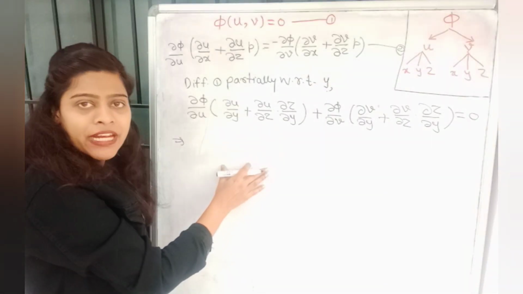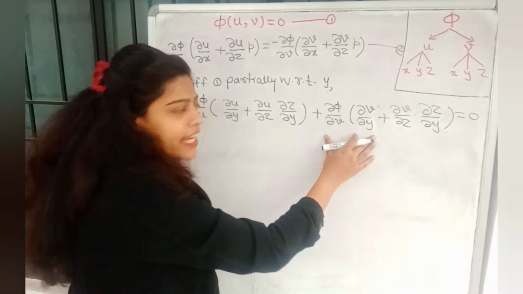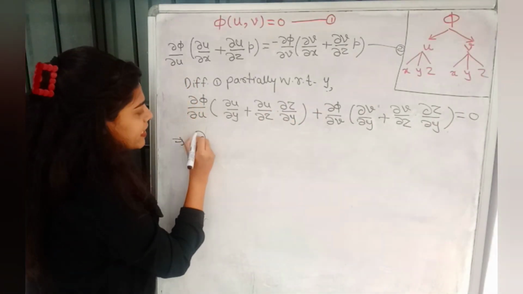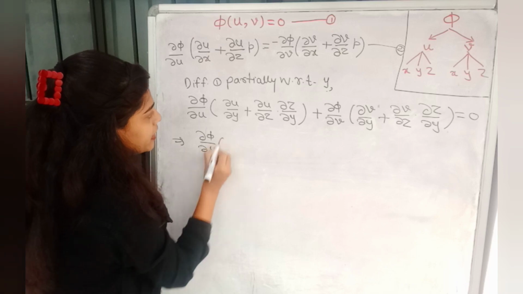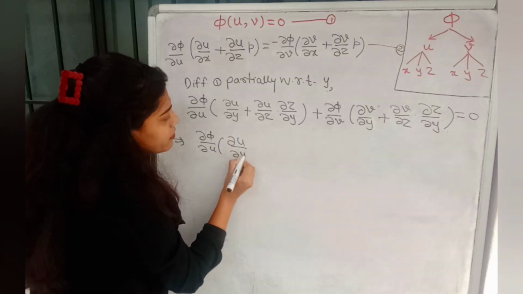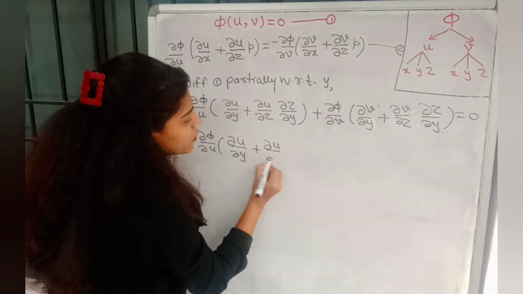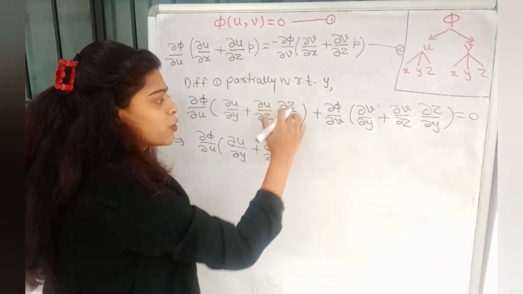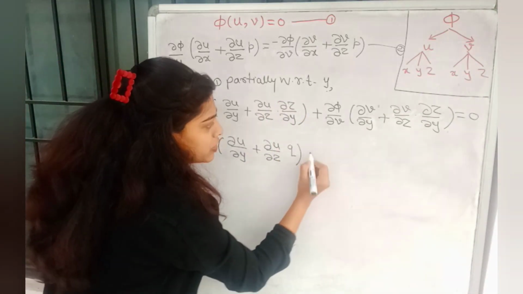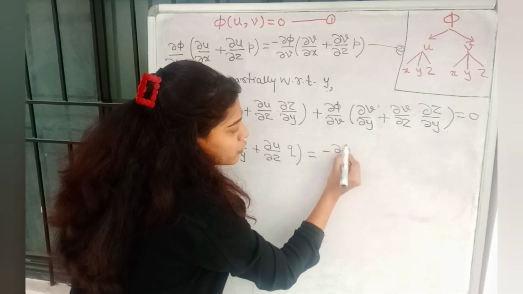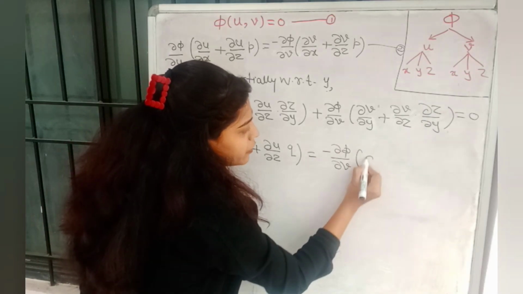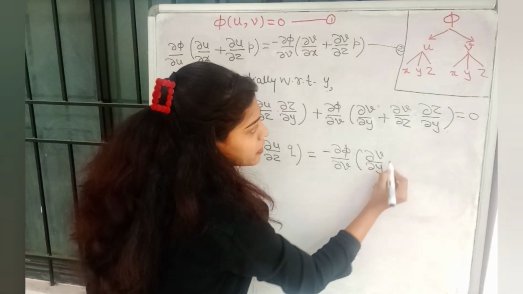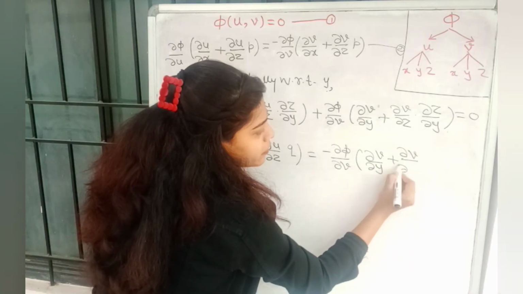Implies the first term will remain as it is, and if we shift the second term to the right side, then we will get dou phi by dou u into dou u by dou y plus dou u by dou z, and the standard notation of dou z by dou y is q, is equal to minus dou phi by dou v into dou v by dou y plus dou v by dou z.